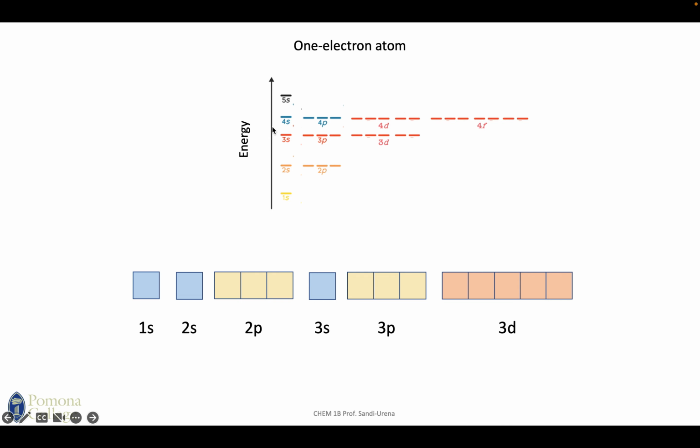Instead of the energy diagram, we're going to use this type of diagram down here, in which each orbital, instead of being just one horizontal line, is represented by a box. So we have the 1s orbital, followed by the 2s, and then the three 2p orbitals, 3s, 3p, 3d, and so forth. We're going to call that type of representation an orbital diagram, which we must clearly differentiate from the energy diagram.